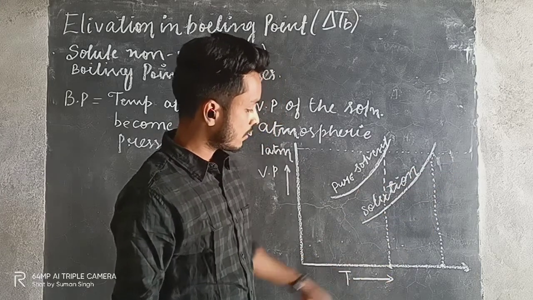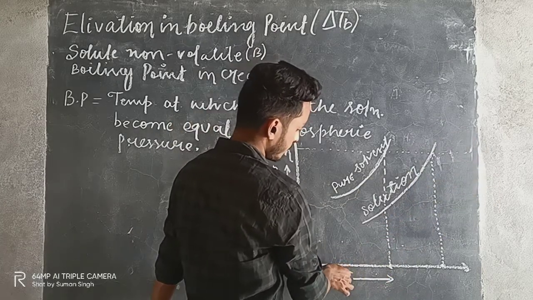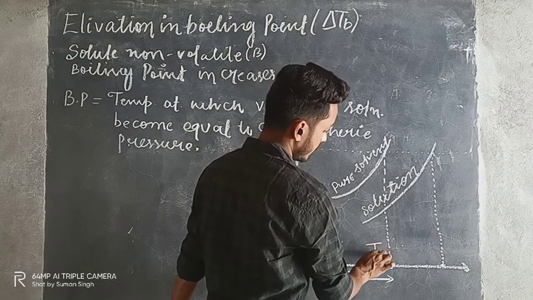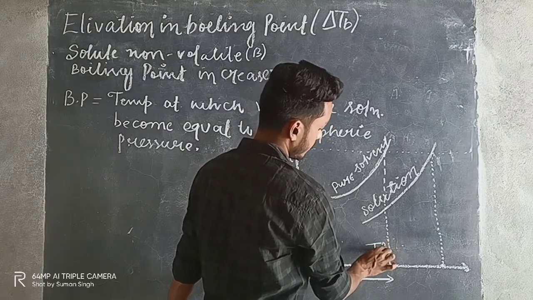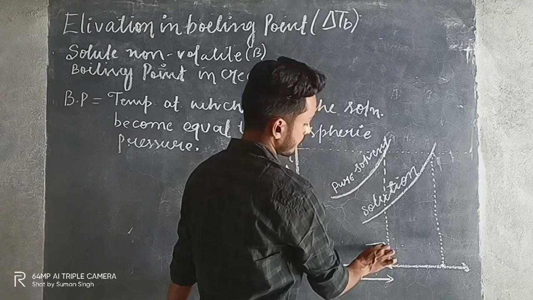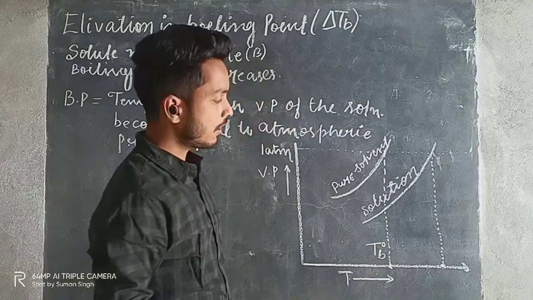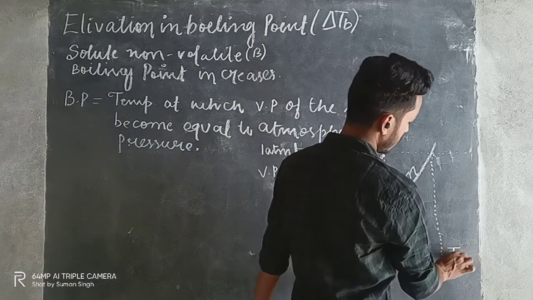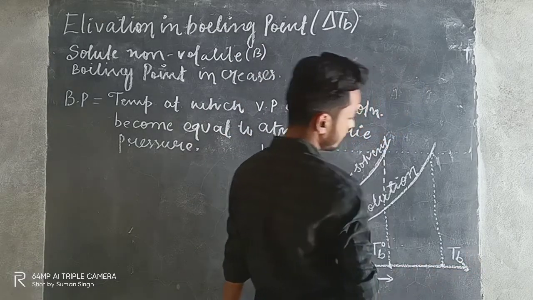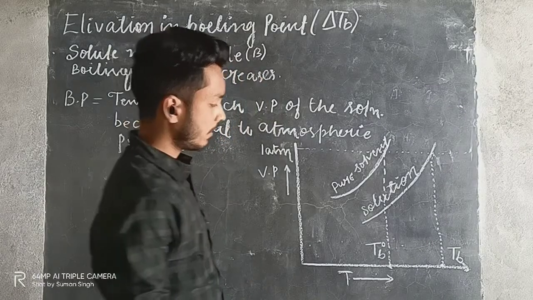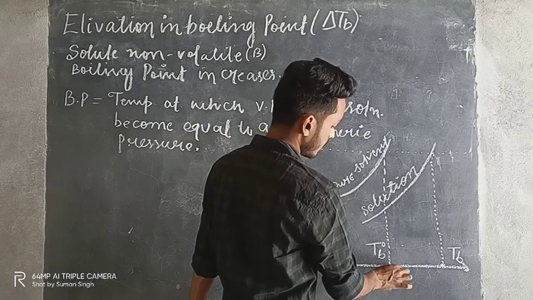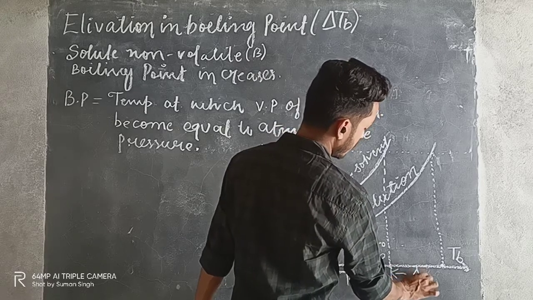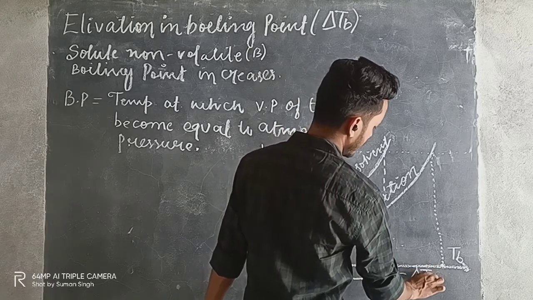For the pure solvent we denote it with T naught B, and for the solution we use TB. The difference of both is denoted by delta TB.